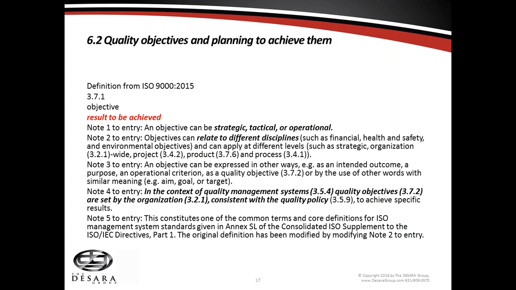We're strictly in our standard 9001 talking about quality objectives, not worried so much about the others. Note 3 talks about other ways they can be expressed, and Note 4 brings into the discussion the context of the quality management system, how they're set by the organization, and again consistent with the quality policy. Most of these things will make their way into the requirements. Note 5 talks a little bit about Annex SL and the fact that they're common terms and core definitions.